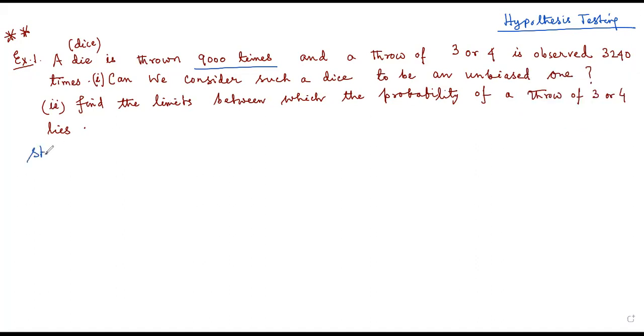Step number one is that we set our hypothesis. And in this particular case, we have to know one technicality about hypothesis testing. It is saying that there are two different types of hypothesis.